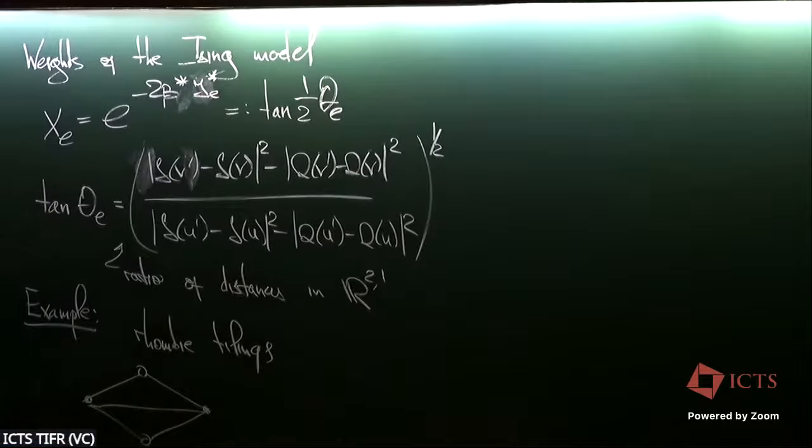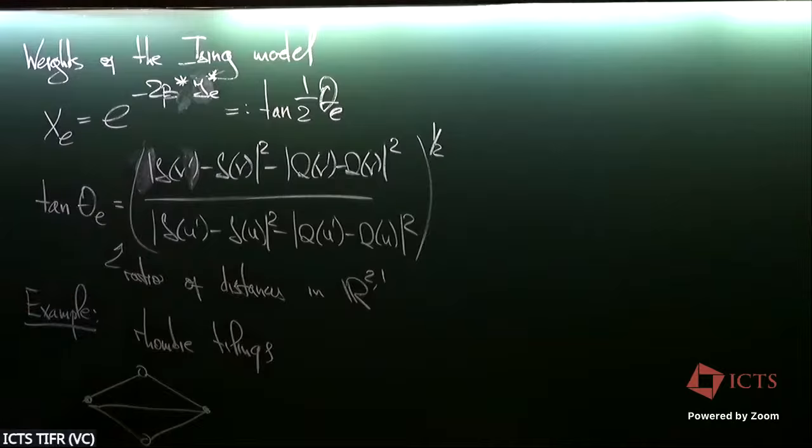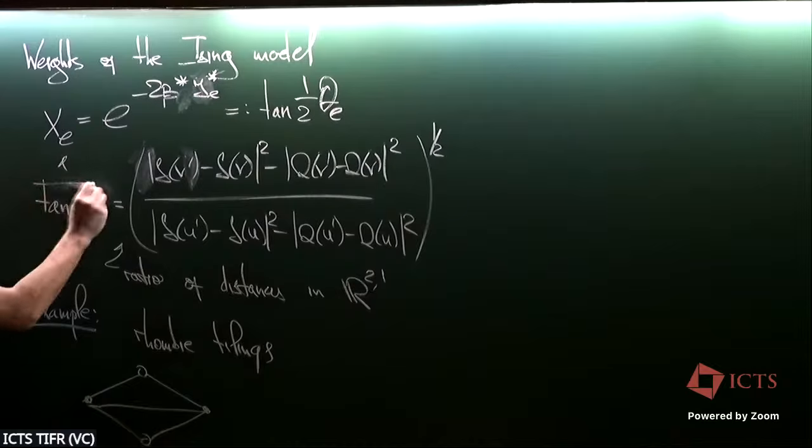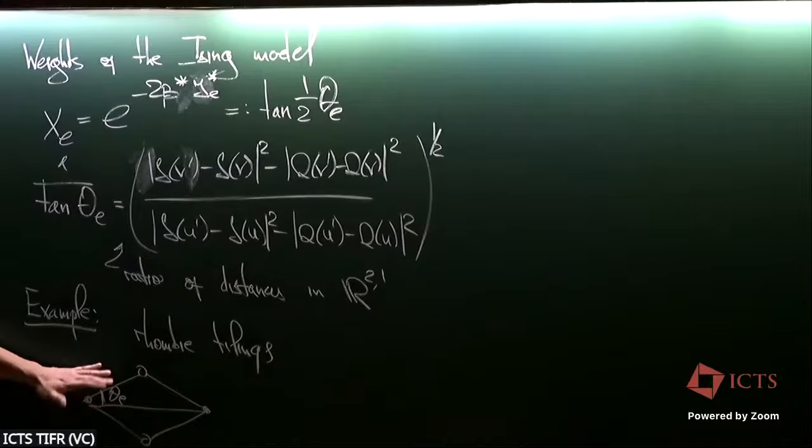My bad, it's the other way around. Use upstairs, use downstairs. Again. Then here, theta e is just this. Well, I'm very bad at remembering who is theta and who is pi over 2 minus theta.